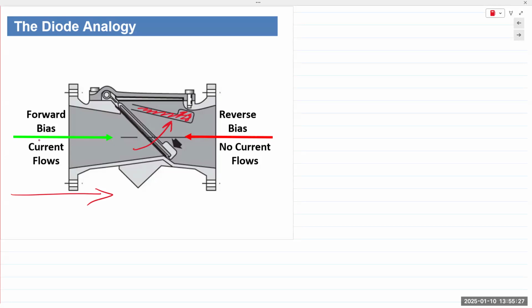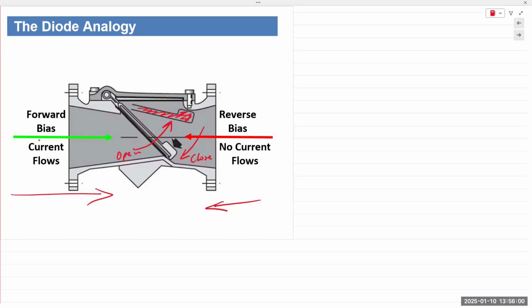So the fluid flows through in one direction. However, if the fluid flows in the opposite direction, it's going to force the valve to close. So no fluid flow or no current flow. So you can make an analogy of a diode with a mechanical flap valve.